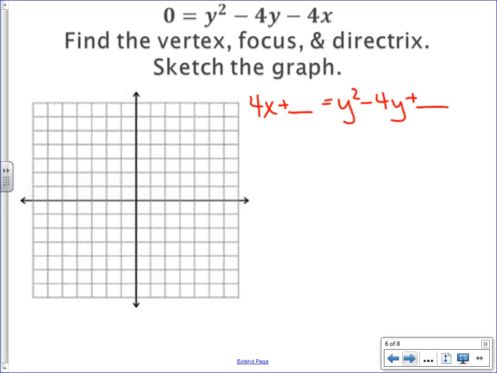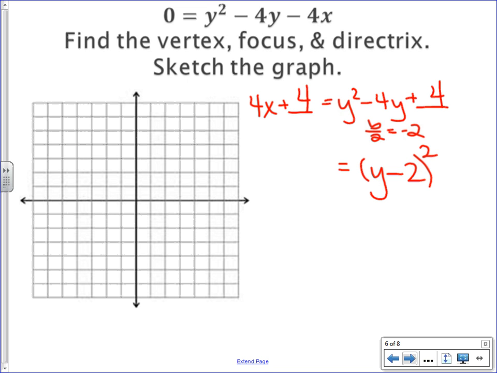Okay, how did you get 4, Jimmy? We have to take b divided by 2, which is -2. When we square it, we get 4. So how do we factor y squared minus 4y plus 4? Y minus 2, the quantity squared.